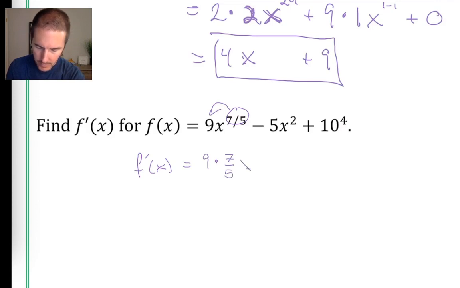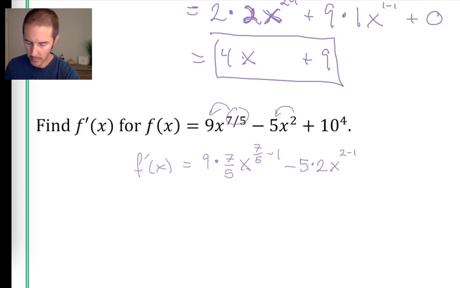And then we're going to keep the variable and we're going to decrease the exponent by 1. 7/5 minus 1. Let's go to the next term, minus the existing coefficient. We're going to multiply the exponent times that existing coefficient, so let's multiply it by 2, and then we'll keep the variable and we'll decrease the exponent by 1.